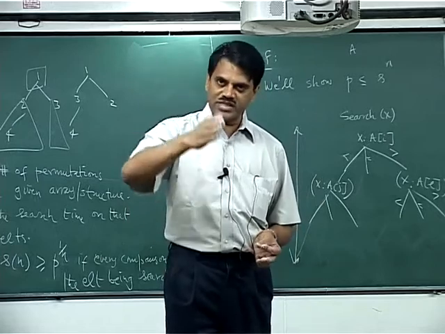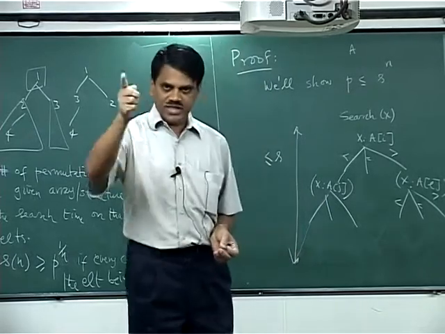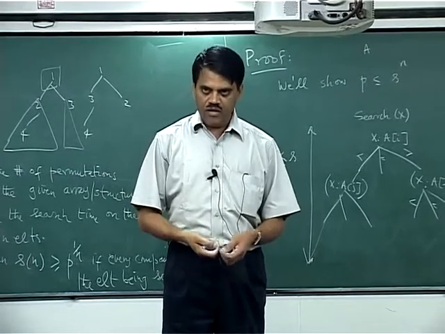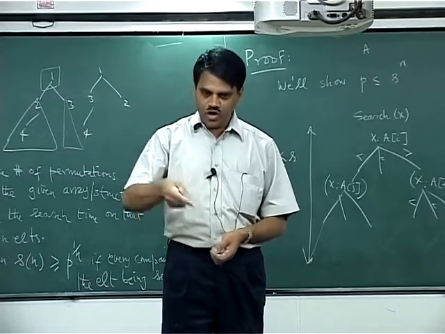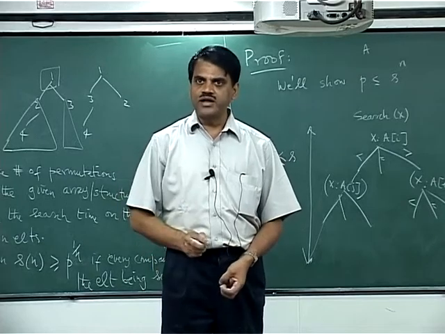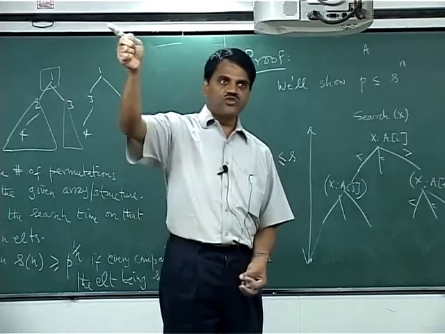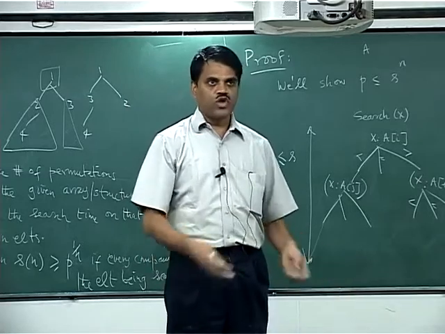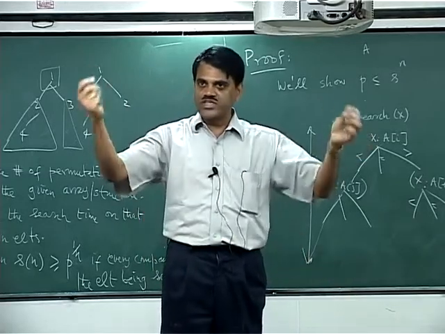So, only if, in the search path, it hits the element a0, it is going to look at it and stop and say yes, a0 is there. Now, it should hit it, because if it does not hit it, it is going to follow the same path and say a0 is also not there, which is wrong. We know a0 is the smallest element in the array which is there.